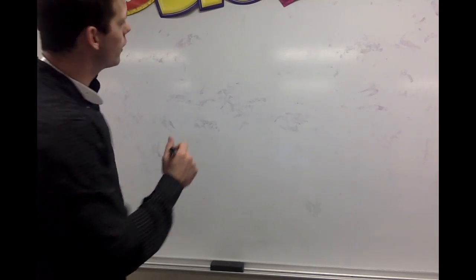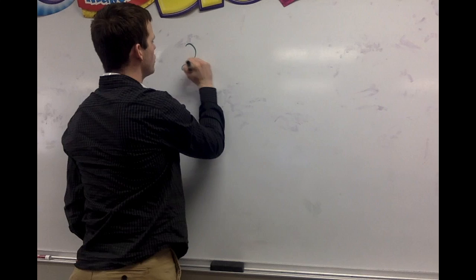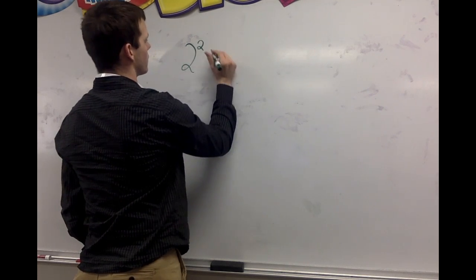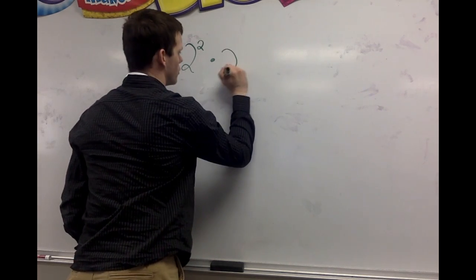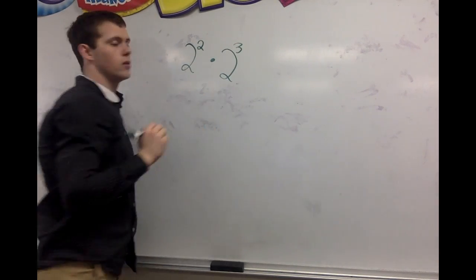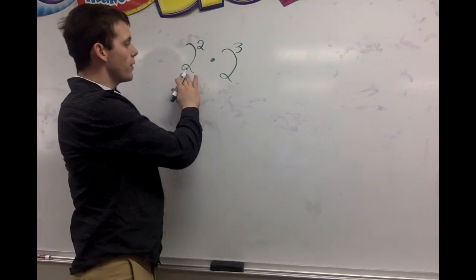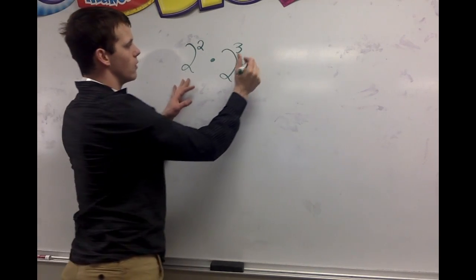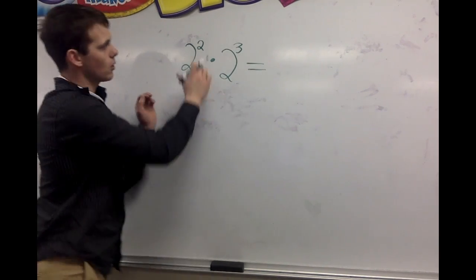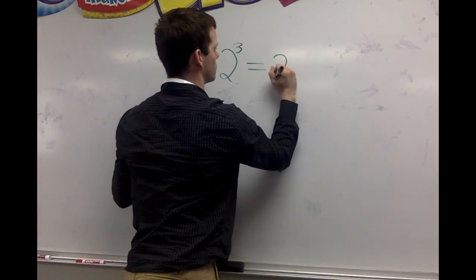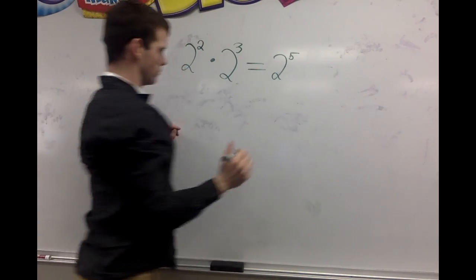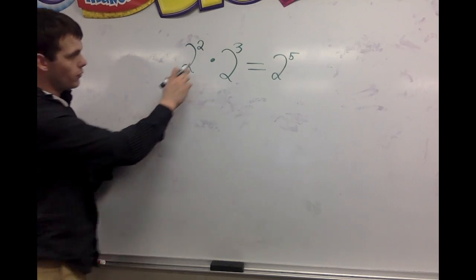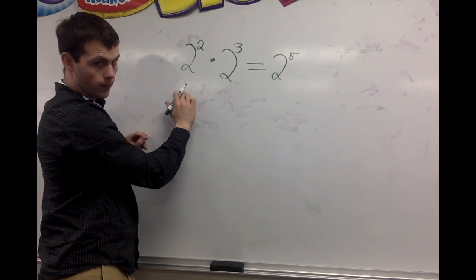An example using real numbers is 2 to the second times 2 to the third. So they both have the same base. You can see that here. They both have 2 as a base. So we add the exponents. If we look at that number, it's 2 to the second.